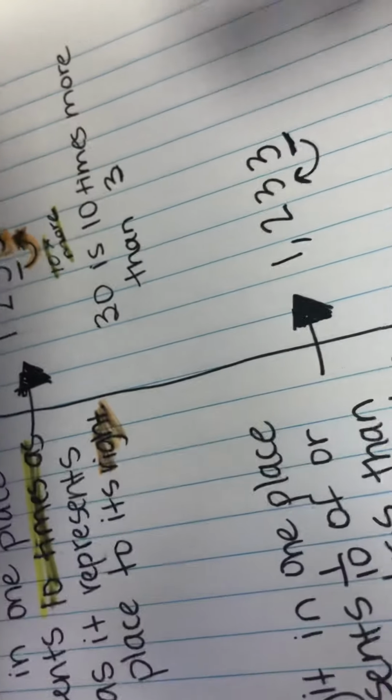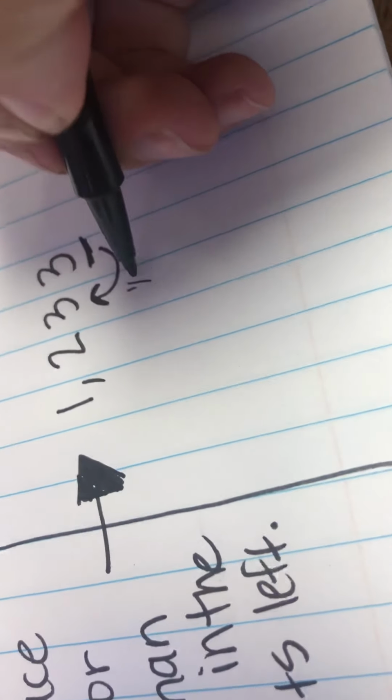Okay, so I'm going to say, oh, and we need to label that little arrow, 1/10 of. And that's the language we use in 5th grade, is 1/10 of. So I'm going to go ahead and use that language. 1/10 of. But I'll still highlight over here, 1/10 of, or 10 times less. And then the place to its left.